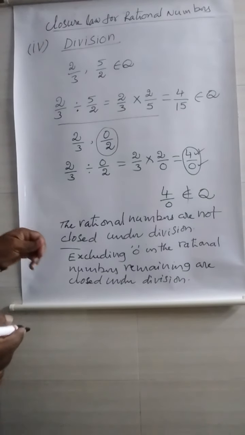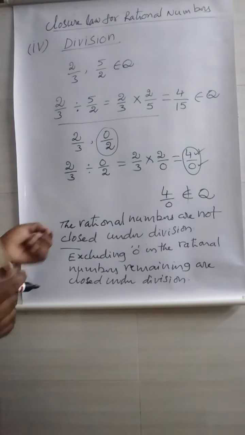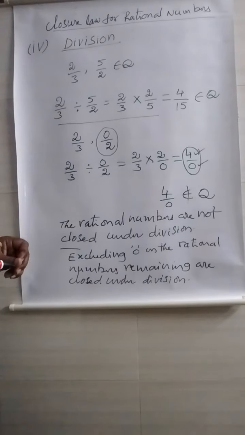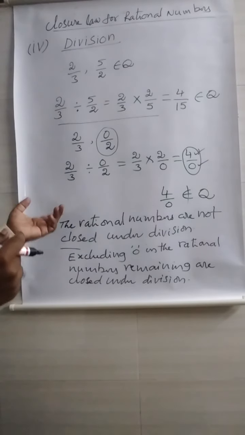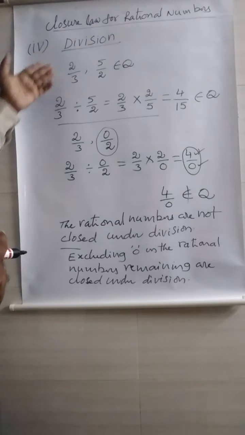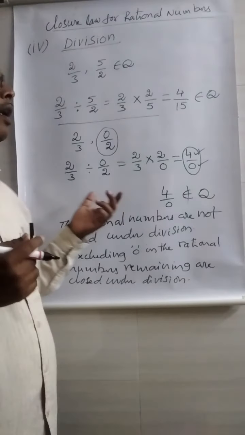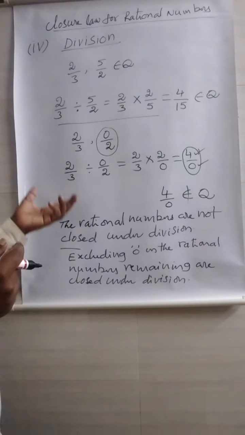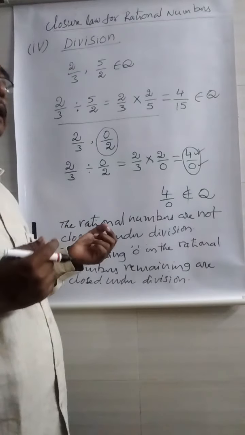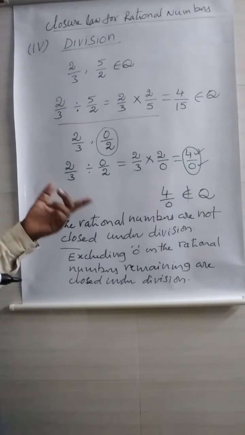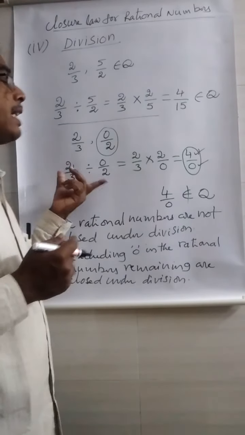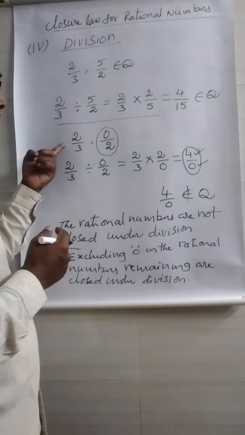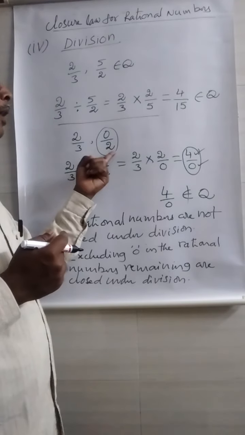Once again, I explain this one. One of the important key points here: the closure property under addition is closed, under subtraction is closed, under multiplication is closed. But in the division operation, we may observe that when we take 0 as an integer, or 0 as a rational number, then it is not satisfied. 2 by 3 is one number. 0 by 2 means 0.